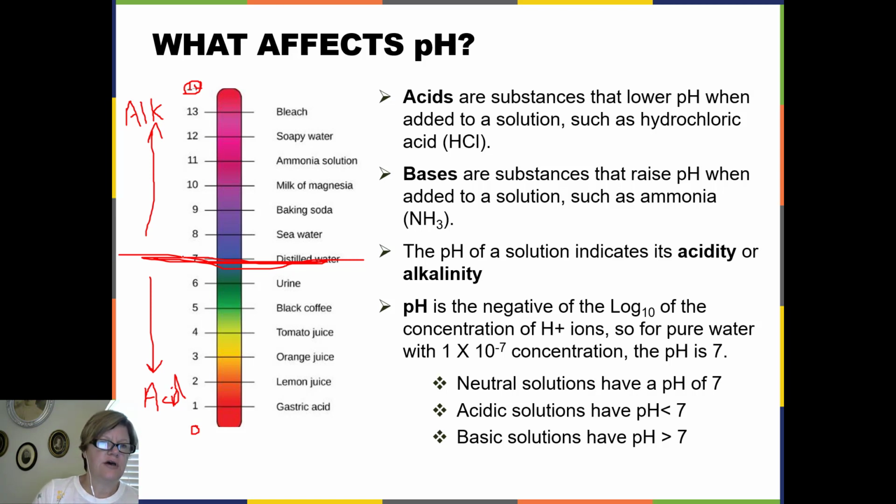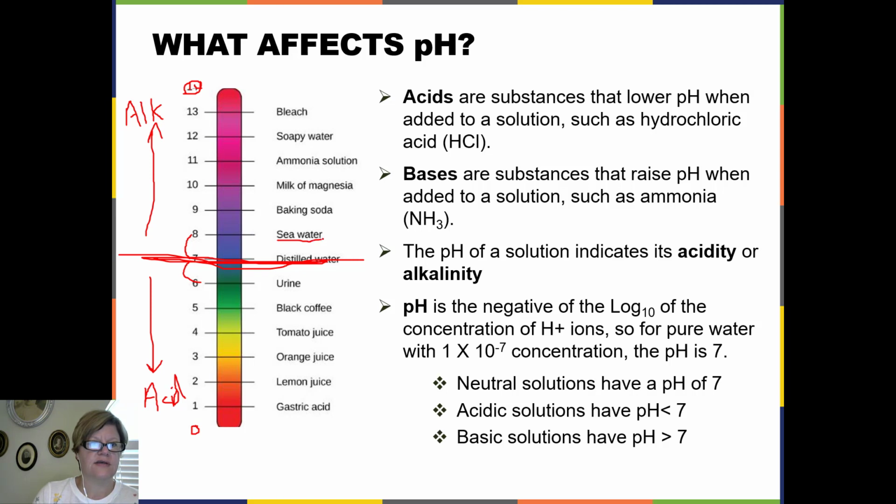So when you go from 7, if you have a solution that has a pH of 7 and you compare it to a solution that has a pH of 6, the pH of 6 solution has higher acidity or a higher hydrogen ion concentration than pure water. If you compare a solution of pH of 7 to one of pH of 8, it has a lower hydrogen ion concentration.